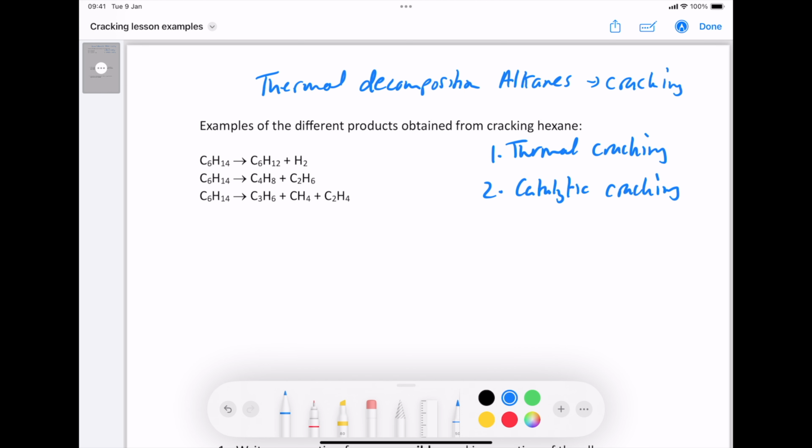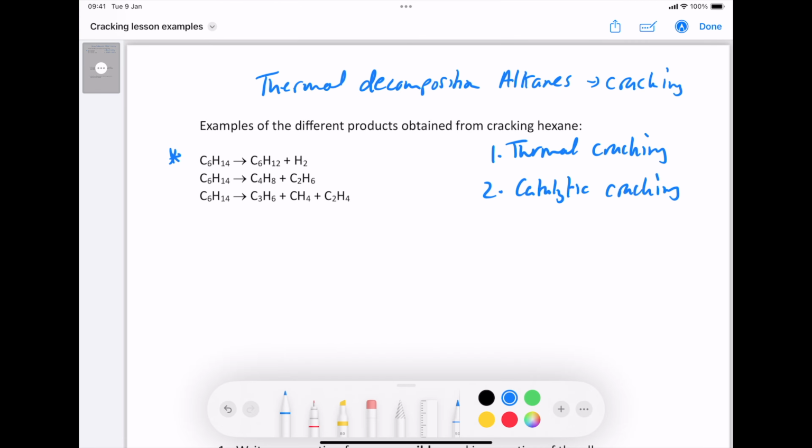With thermal cracking, it uses a higher temperature to decompose the hydrocarbon, usually around 950 to 1000 degrees C, and again alkane and alkene products are produced. Whereas catalytic cracking tends to use a lower temperature of around 500 to 600 degrees C, and obviously a catalyst. The catalyst that's used in industry is a zeolite catalyst, which is based on aluminium oxide.